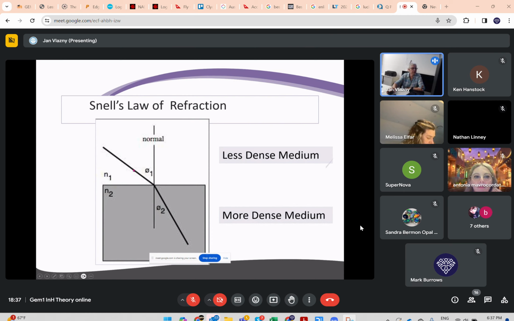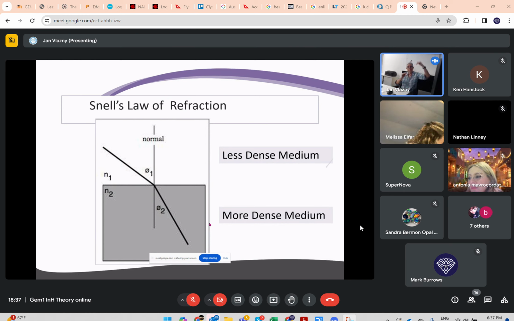Now, because the light is bent, is that incident ray the same as the refracted ray? No, because it's been bent. If it wasn't bent, we'd expect it to be going straight ahead there, but it doesn't happen that way.